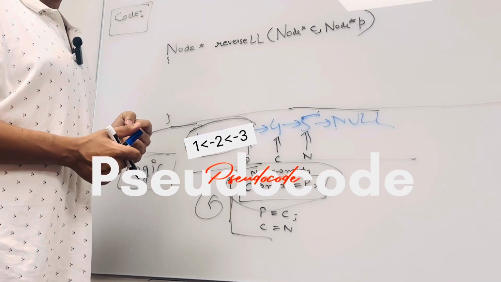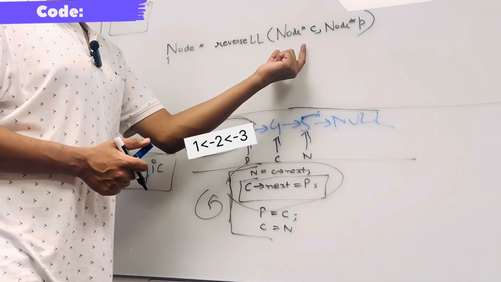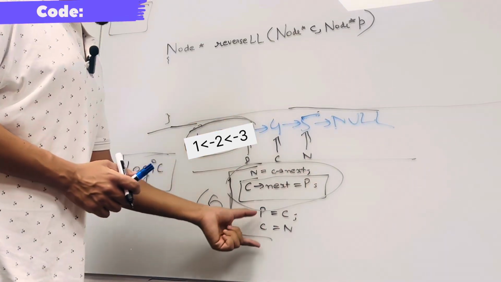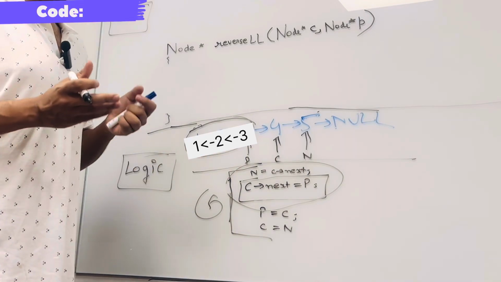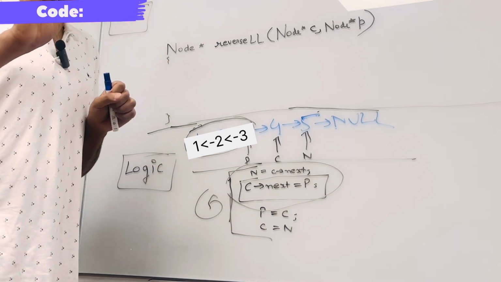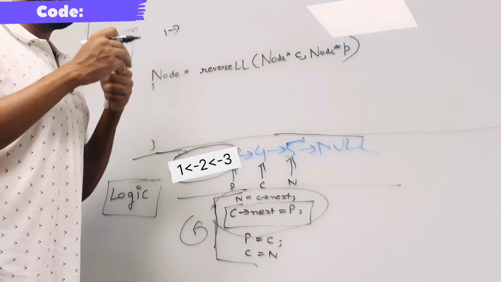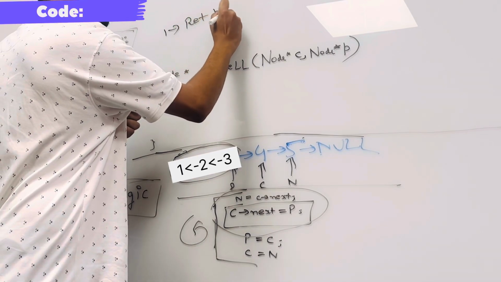Our function name is reverseLL. It will return a head of the reversed linked list and it will take two arguments, current and previous. That part we will do at the end. So before that we have to do these steps, right? Basically what we have to do in this function is we have to do three things. First is return head of the reversed linked list, return head.